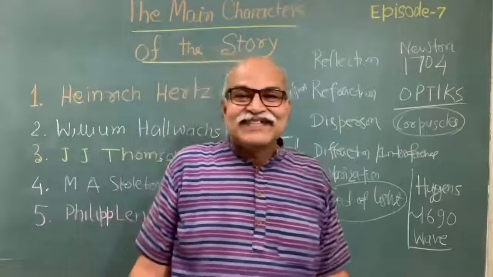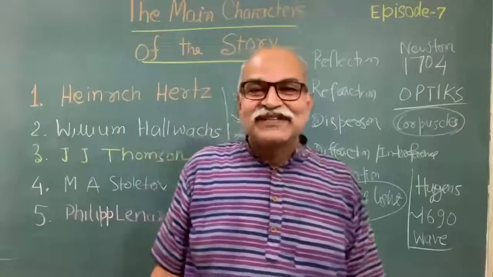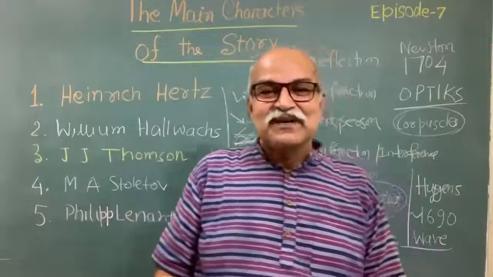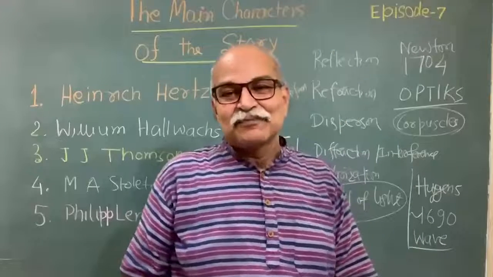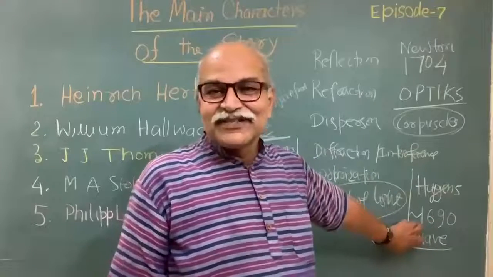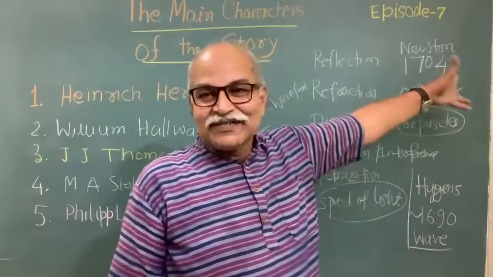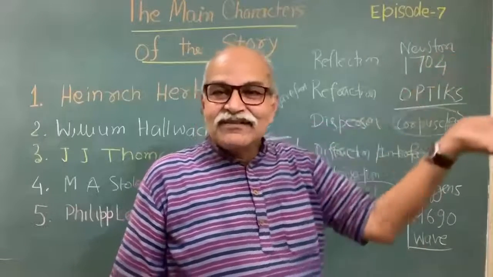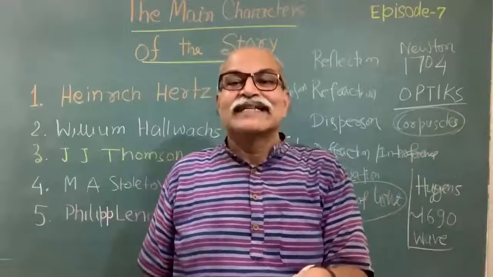So it was a choice. Some people favored this wave aspect, some favored that corpuscle aspect. So one went with this kind of structure of light and some with that kind of structure of light, and that continued for almost a century.